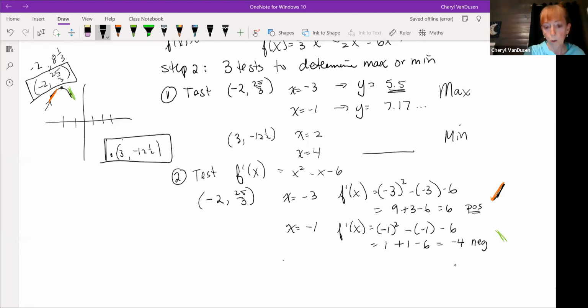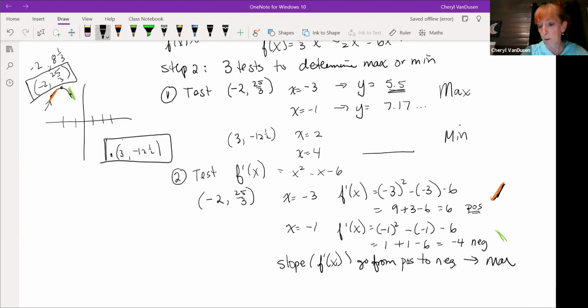When we have the slope, which please read as f prime of x, go from positive to negative, we have a maximum point. Okay, so it goes from positive to negative. Visually look at it, it's going up and then it comes back down. That's the test that would tell us for sure this is a maximum point.